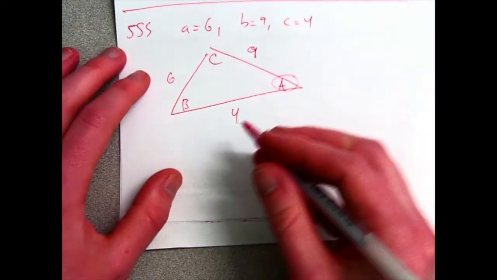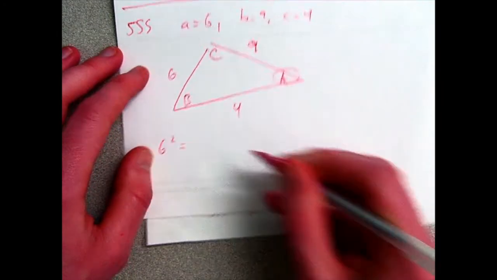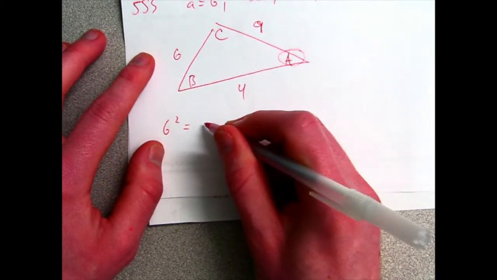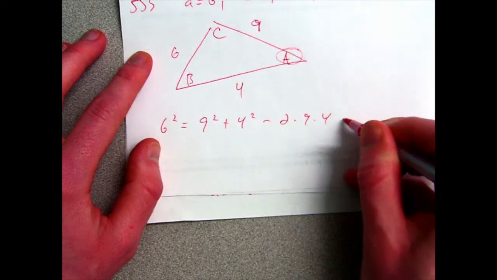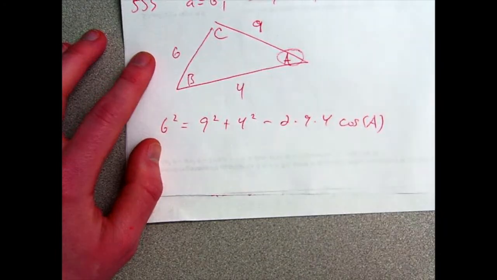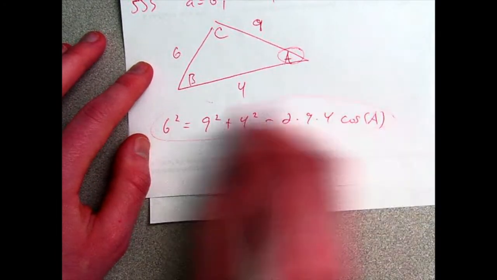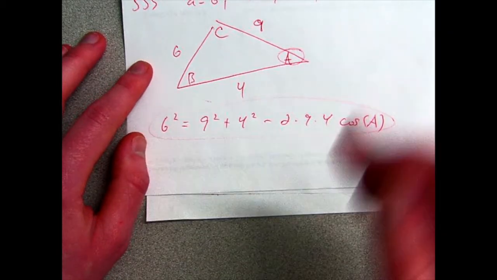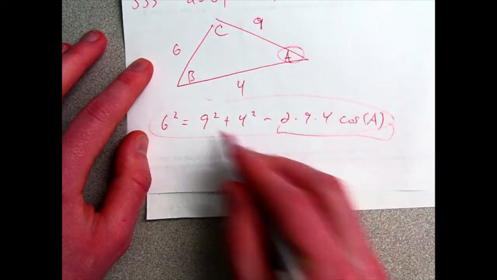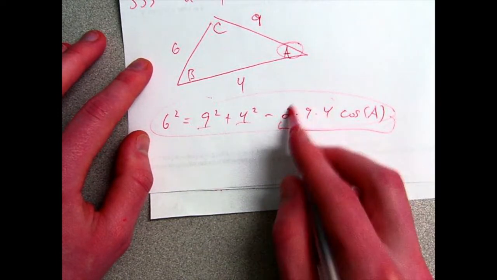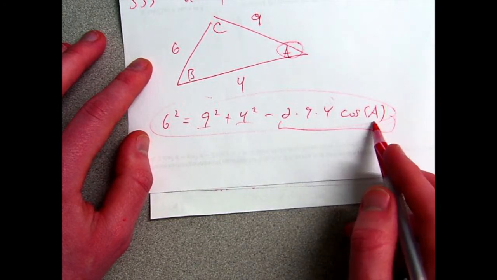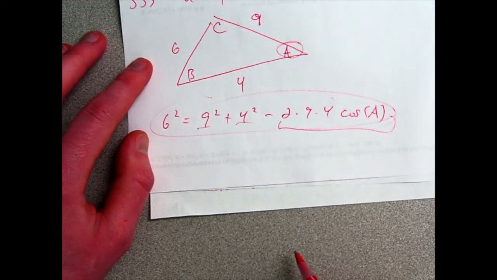So 6 squared is equal to 9 squared plus 4 squared minus 2 times 9 times 4 times the cosine of A. Okay, and you just have to solve this equation for angle A, just like we did, right? Isolate this term, subtract these two on both sides, get this term by itself, divide by this number here, get the cosine of A by itself, take the inverse cosine, that'll give you angle A.